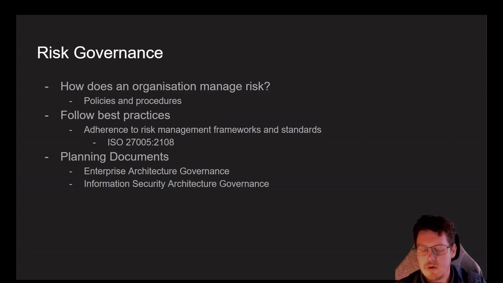Other approaches include living, actual planning documents, things like enterprise architecture governance. There are a bunch of frameworks and methodologies for implementing this, but essentially it's just a live document that keeps track of the state of the business and any risks that are associated with it.